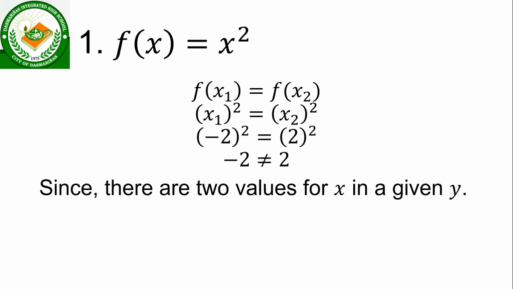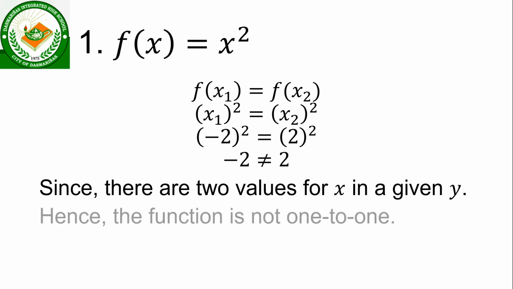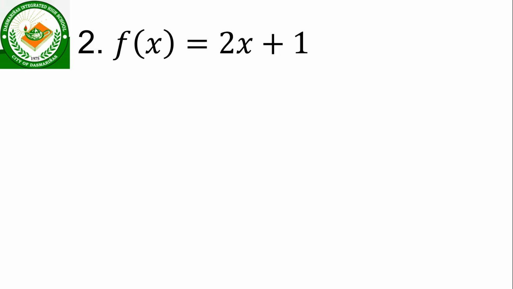That is why, since there are two values for x in a given y, the function is not one-to-one. We just proved that if we have f of x sub 1 equal to f of x sub 2, we arrive at x sub 1 not equal to x sub 2. Therefore, our conclusion is this one is not a one-to-one function.